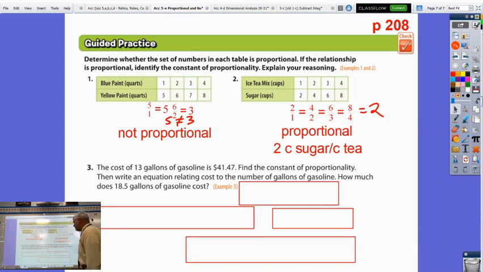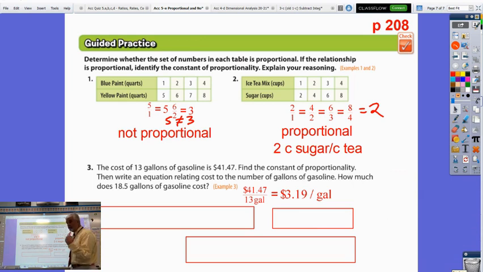And finally, number 3, 13 gallons of gas costs $41.47. Find the constant of proportionality. You might recognize here that the constant of proportionality is the same thing as a unit rate, right? Constant of proportionality and unit rate are the same thing. So it's dollars divided by gallons, $3.19 per gallon. To write the equation, the first thing I have to do is define the variables, the 2 changing quantities here, gallons and dollars.